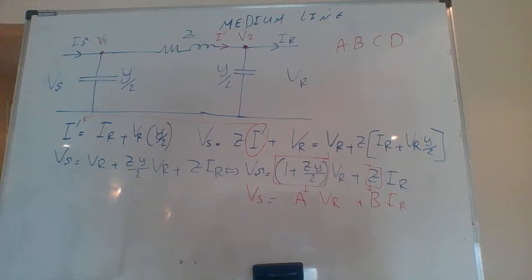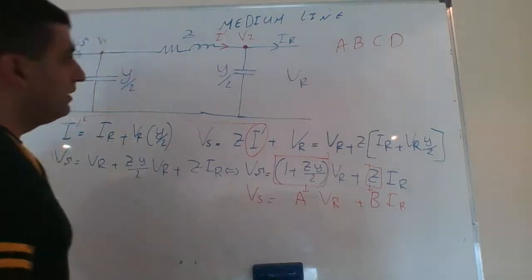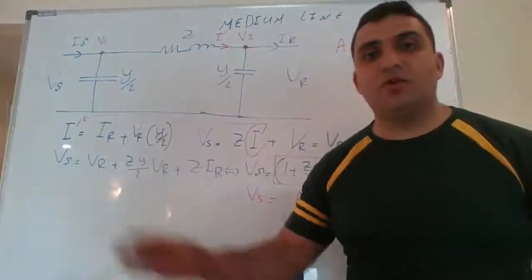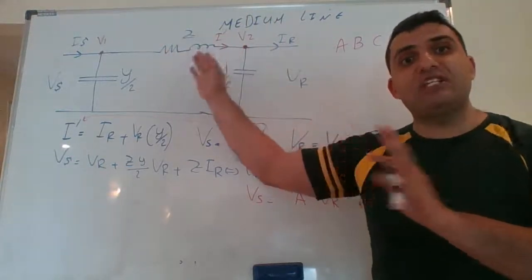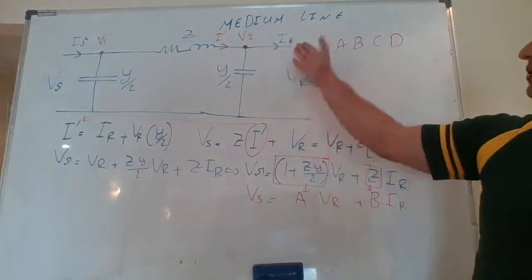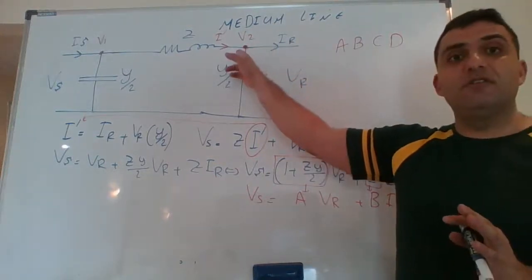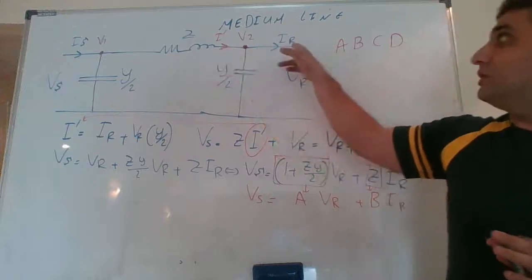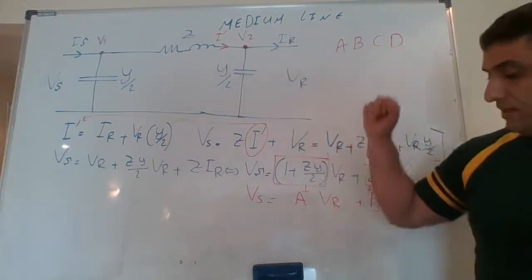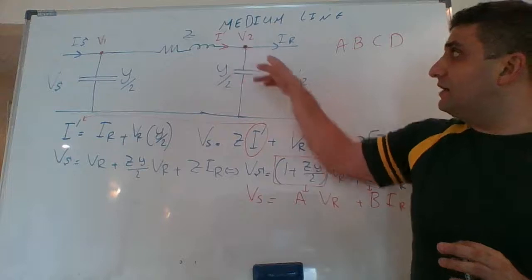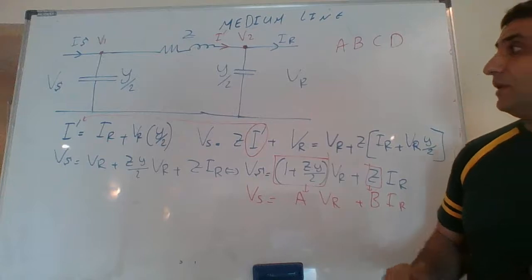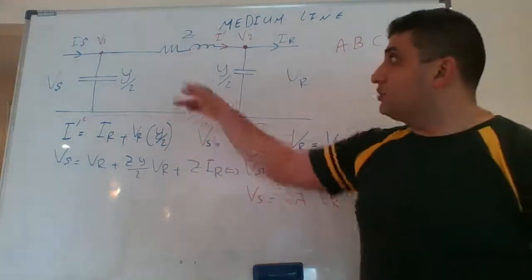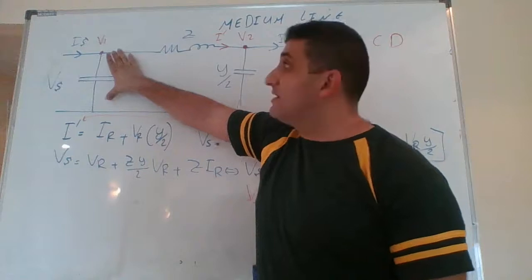Is that clear? Let's take a moment to digest what we just did. We have the circuit of a medium transmission line. We analyzed the current at node V2, which is equal to this current plus this current. Because I'm using that admittance, this current is equal to VR times Y over 2, this current is IR. Then I use Vs, which is the voltage across this capacitor.